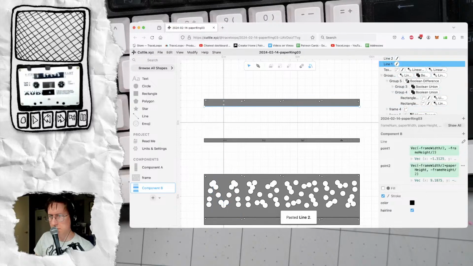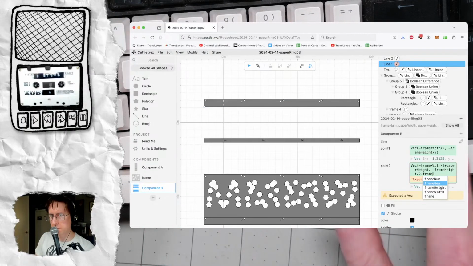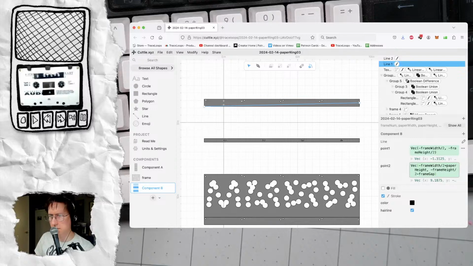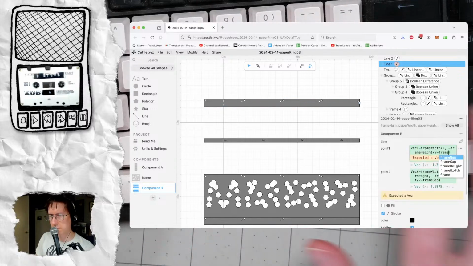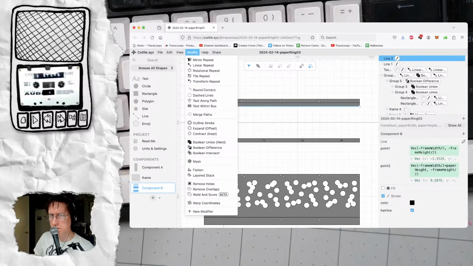Line 1, frame height divided by 2 minus frame gap. Minus frame gap. Line 2, modify.